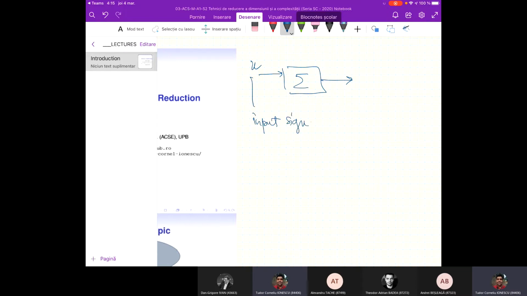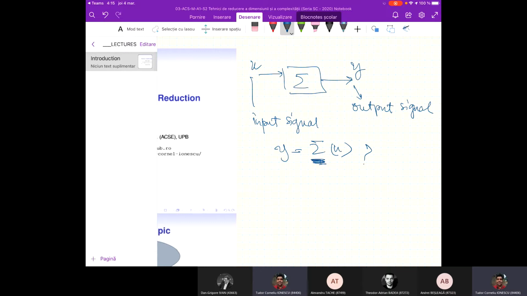And you can get an output signal, Y. And the idea is that Y is sigma applied to U. Now the question is, what is this sigma?